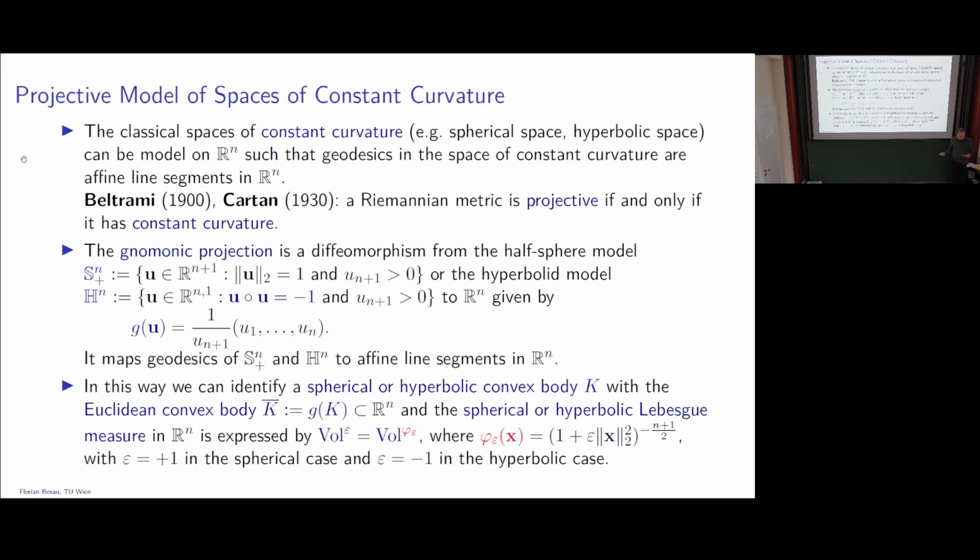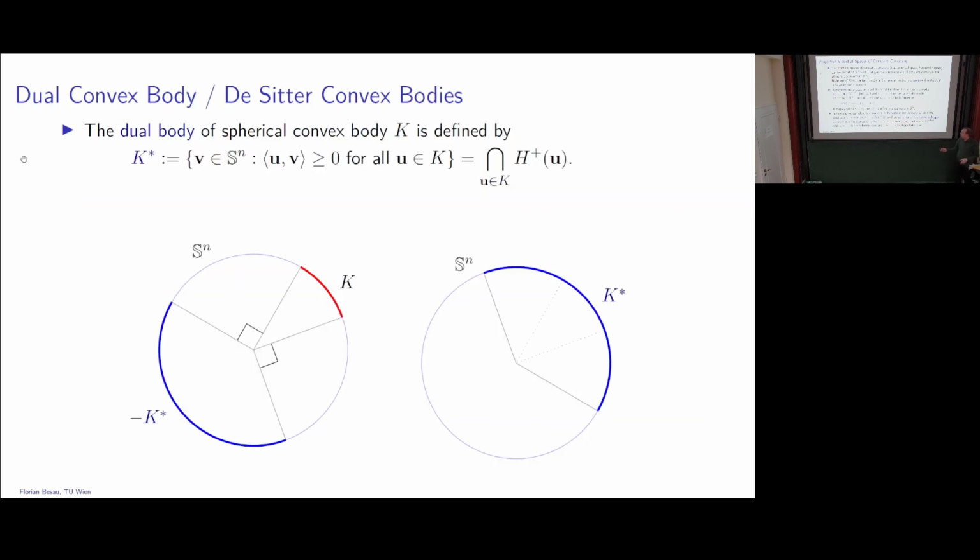So in a sense now it becomes very easy. You start with a spherical convex set or hyperbolic convex set, you move into a projective model, you apply these weighted results, these weighted curvature measure results, and you obtain some sort of limit theorems in these non-Euclidean spaces.